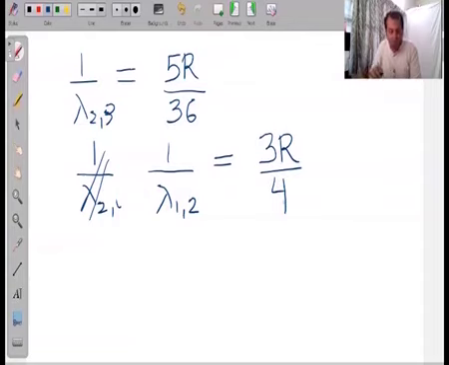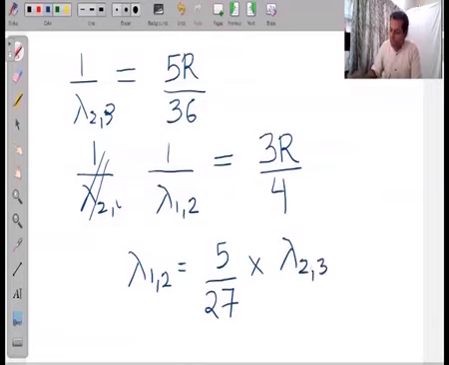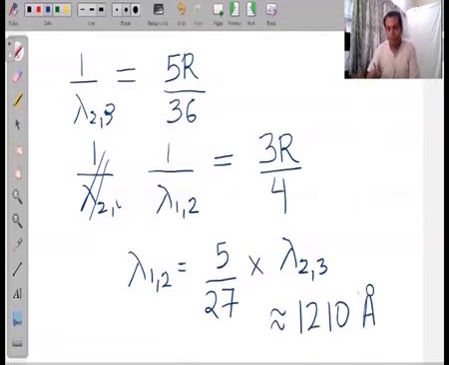So combining these two equations, I can write lambda 1,2 is 5 upon 27 times lambda 2,3, and that is approximately 1210 angstroms. So this completes the second problem, and now let's look at a different problem.